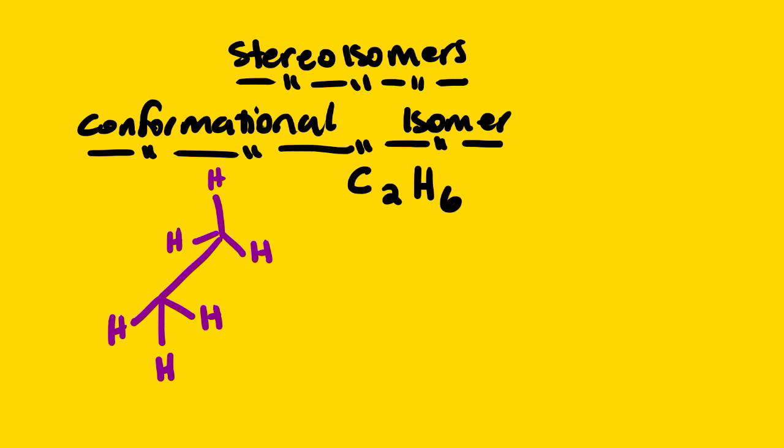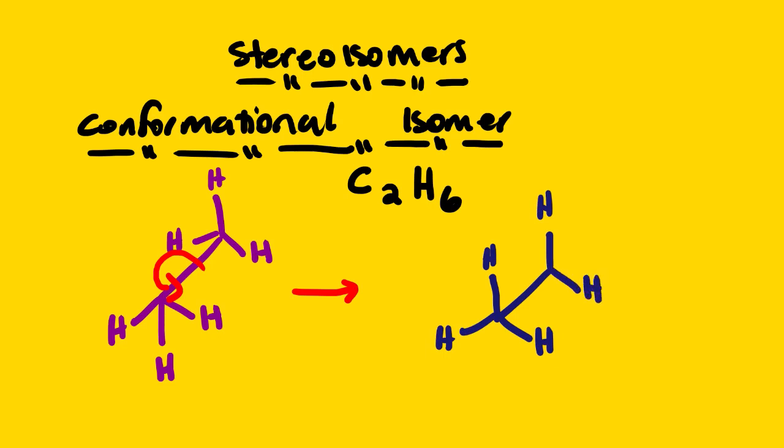So let's say we represent it using this manner. If we rotate in this direction, we are going to yield a structure like this. I'm trying to make sense out of these drawings. I hope it makes sense. So you can see that if we rotate, this part will actually go this direction and will yield this.